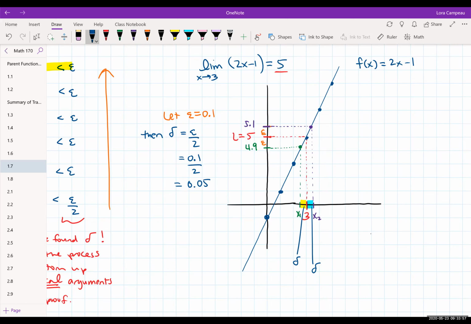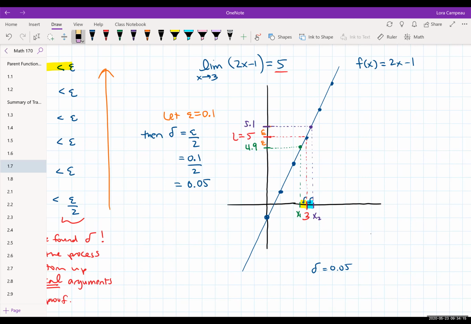And in both cases, it's linear. In our case, it's 0.05. Same story. So we have delta distance, just so that you guys are seeing that.